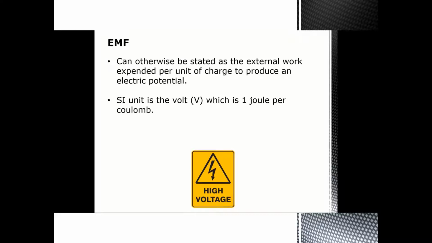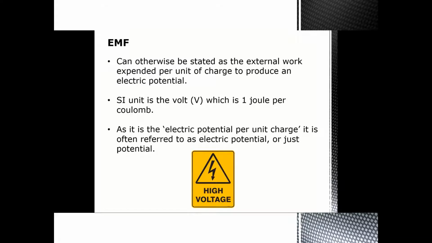So the SI unit is the volt, which is 1 joule per coulomb. This is quite often referred to just as voltage. As it is the electric potential per unit charge, it is often referred to as electric potential or just potential.